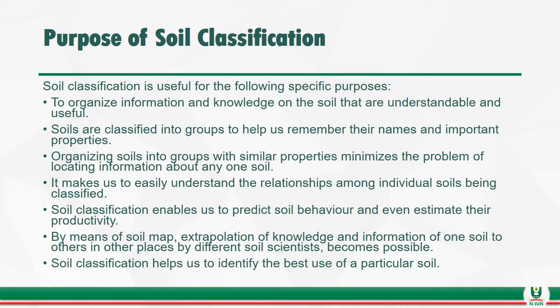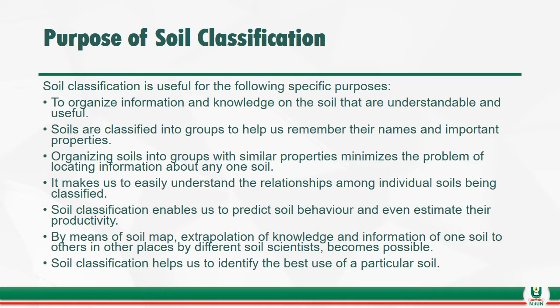Purpose of classification. Why do we classify soil? Soil classification is useful for the following reasons: to organize information and knowledge on the soil that are understandable and useful. Soils are classified into groups to help us remember their names and important properties. Organizing soils into groups with similar properties minimizes the problem of locating information about any one soil.